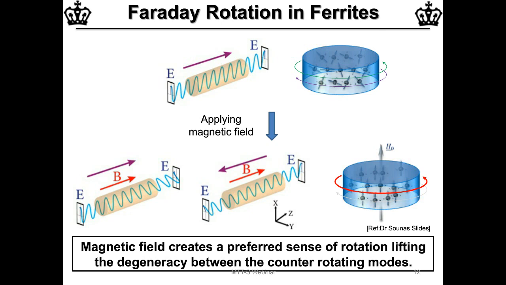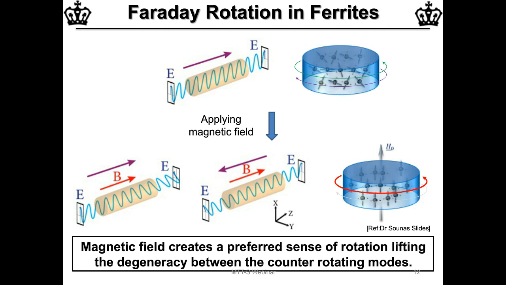When it travels in the same direction as the biasing magnetic field, it will experience a twist in its polarization vector in one direction, while it will experience the opposite twist in the polarization vector when it travels opposite to the direction of the biasing magnetic field. And so this non-reciprocity is what's used to build non-reciprocal components such as circulators and isolators.